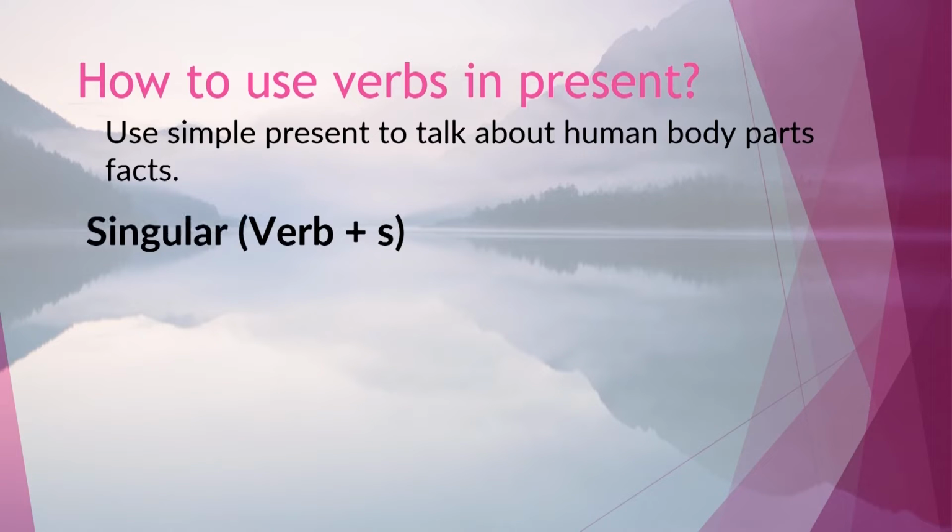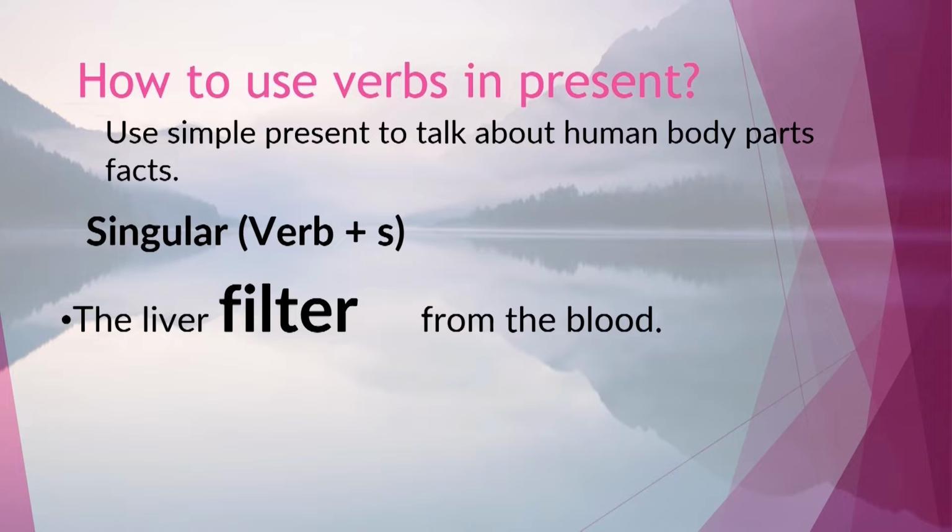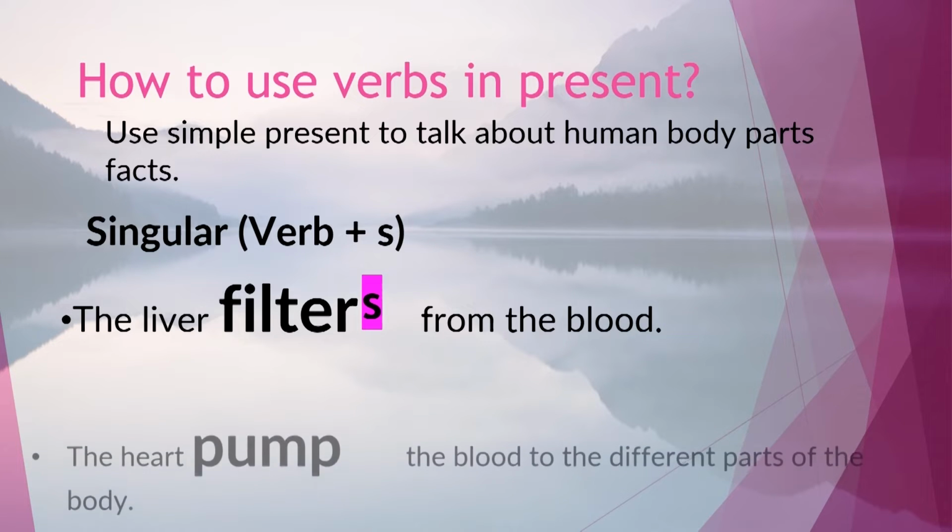For example, if you use the verb in singular form, you must add one S. For example, filter, right? You must add S. The liver filters the blood. Yes, it's correct. You can see in this verb, you add one S.